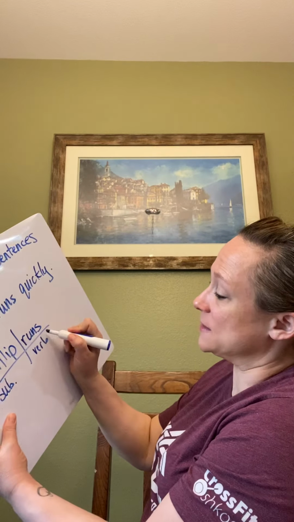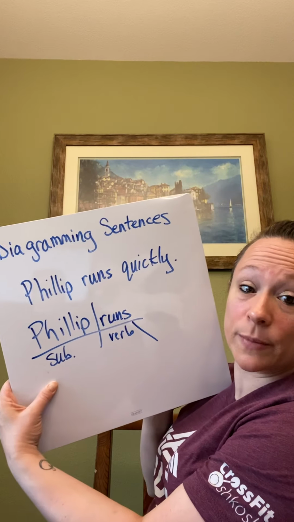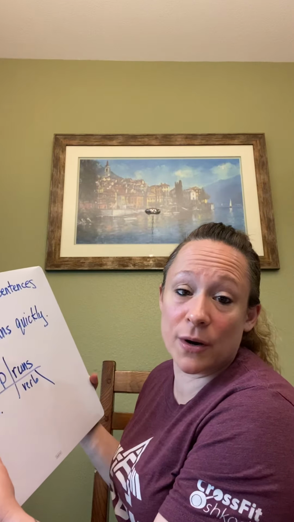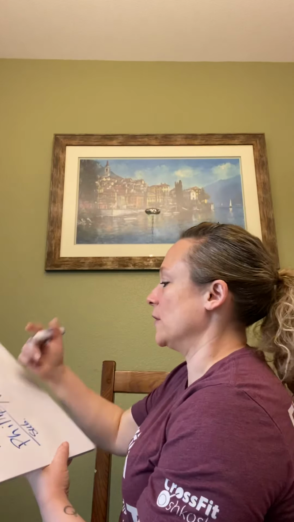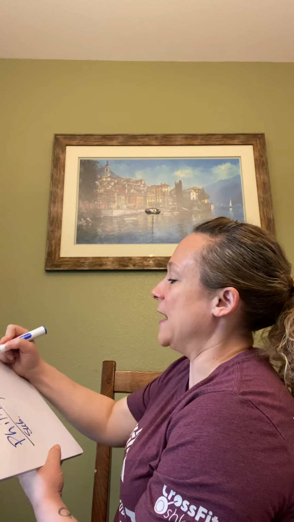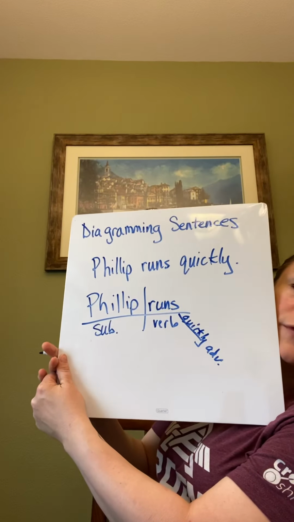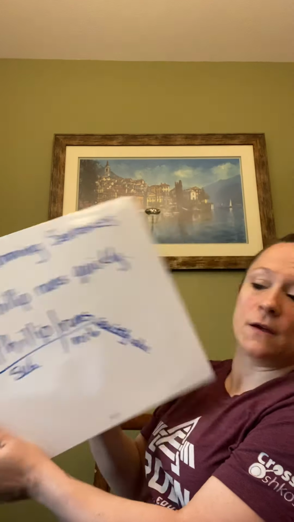We're going to draw a slanted line under our verb. A slanted line under our nouns shows us that they're adjectives. A slanted line under our verb shows us that they're adverbs. So I'm going to write on the slanted line quickly. And then ADV is an okay abbreviation for adverb. So that's how you would diagram that sentence. And that's it for the first one. And I do have an example like that.